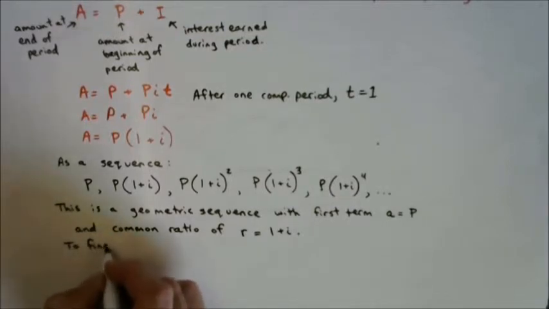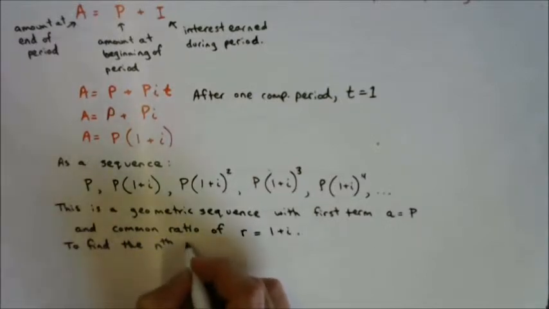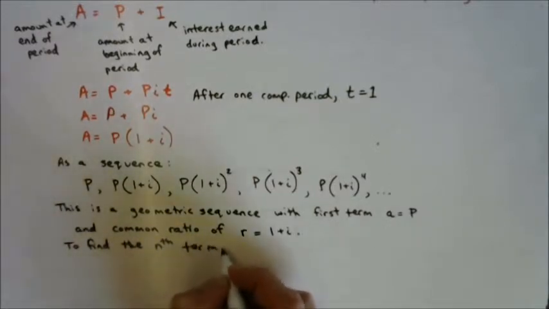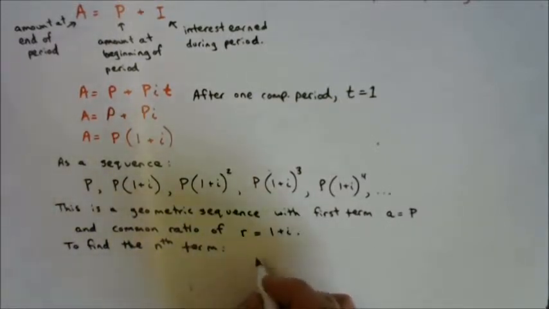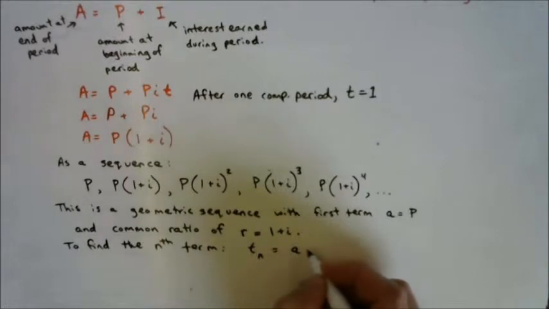To find the nth term, T of n equals a r to the n minus 1.